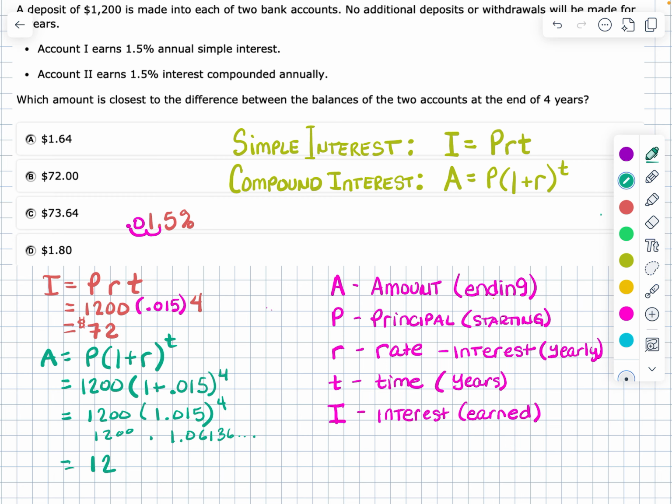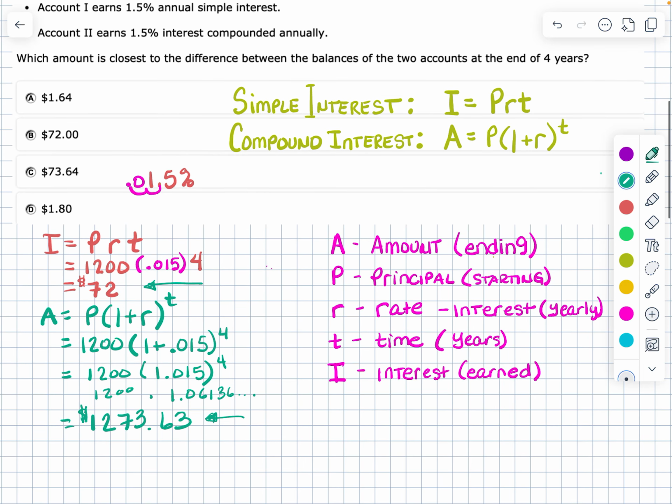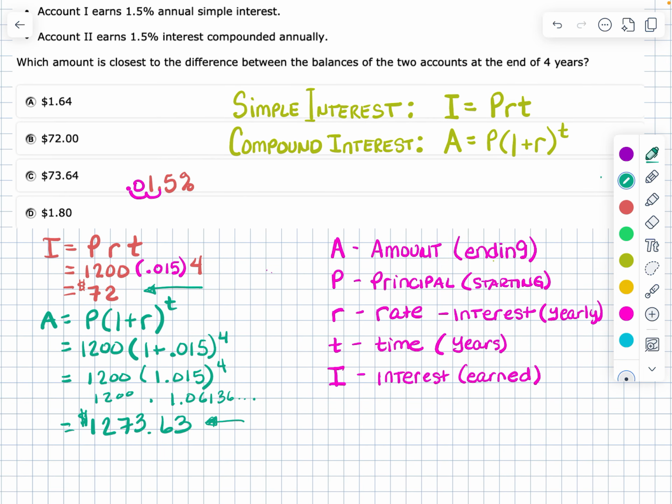Unlike this one, this shows the interest that we made. This one shows the balance plus interest. Okay? So we have to do something here, but if you notice in the answers, they've got $72 and they've got $73.63. I don't know how I'm getting the 63 here.